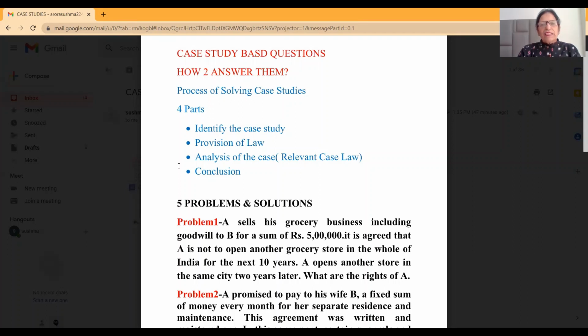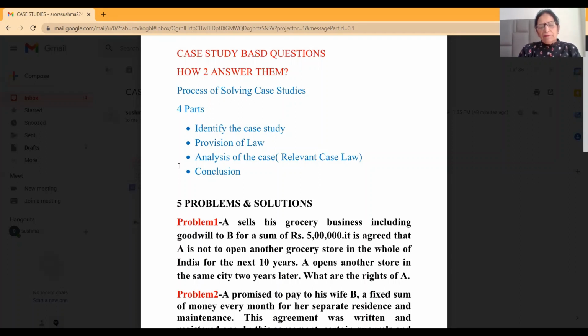Process of solving case studies. This process I'm going to discuss in today's video. There are four parts: identify the case study, provisions of law, analysis of the case, and the last is conclusion.